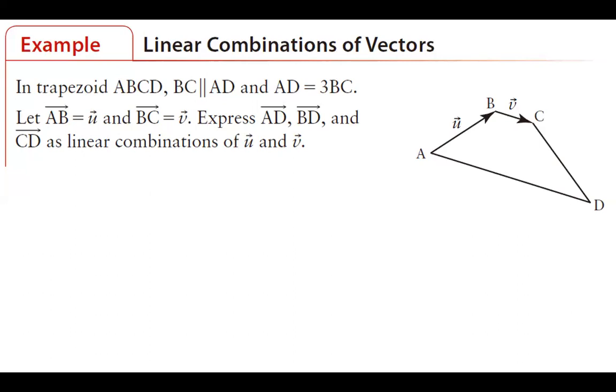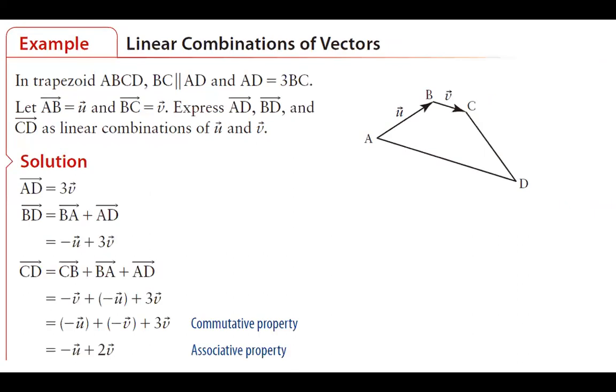Okay, have we finished? Let's have a look at the solution. Okay, first note that the length of AD is 3 times BC, right? And also AD is parallel to BC. So we know vector AD equals 3 times vector V, because vector BC equals vector V, right?